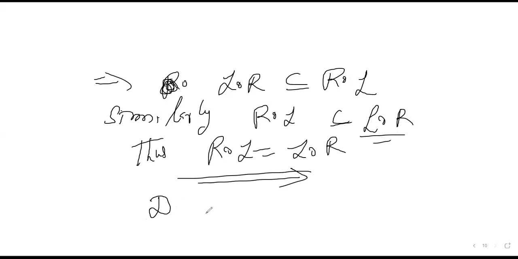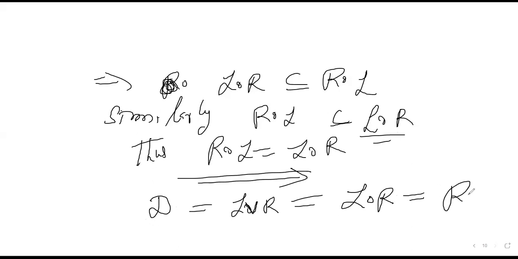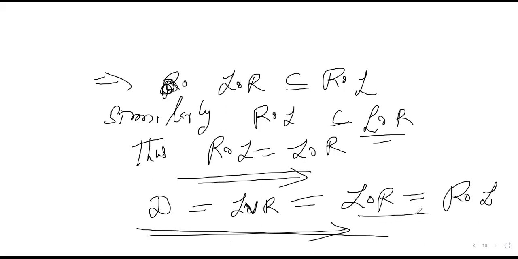By that result, D, which is L join R, is same as L composition R, and it is also same as R composition L. So the join of these equivalences L and R, which is D, is actually now the composition of L and R, and L composition R is same as R composition L. Okay.